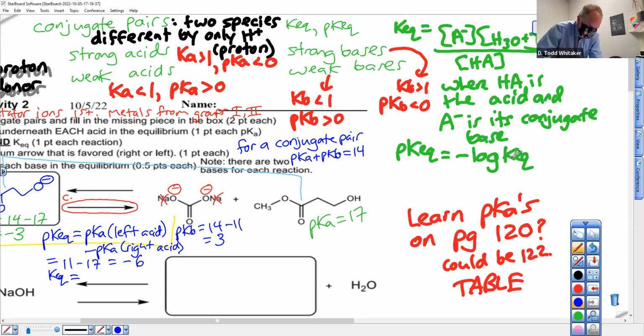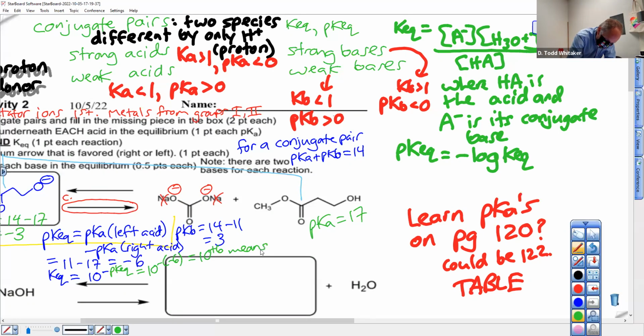So if you have to go backwards, Keq is 10 raised to the power of the negative value of pKeq. And somebody gave me the answer already. Equals 10 to the negative negative 6, which equals 10 to the positive 6.